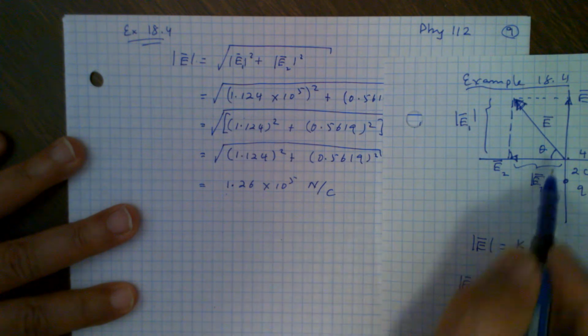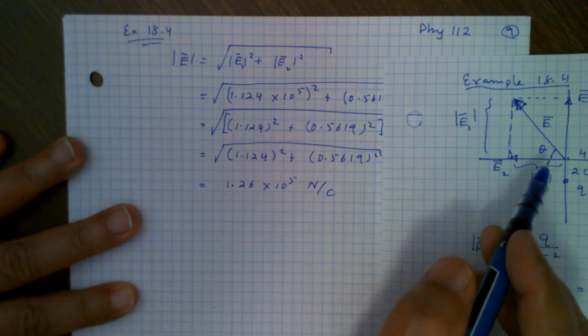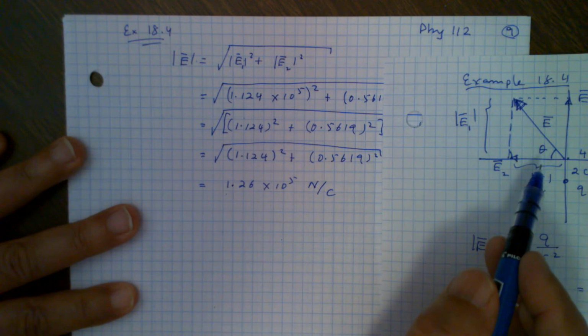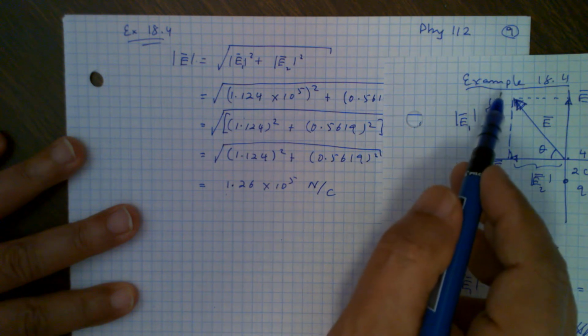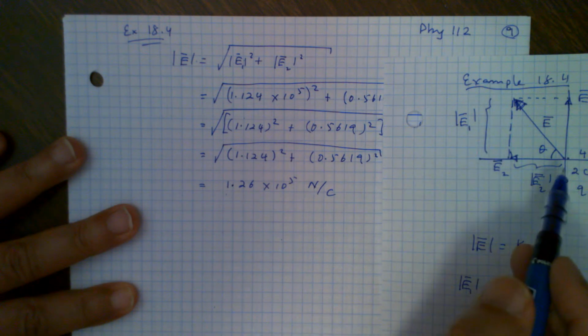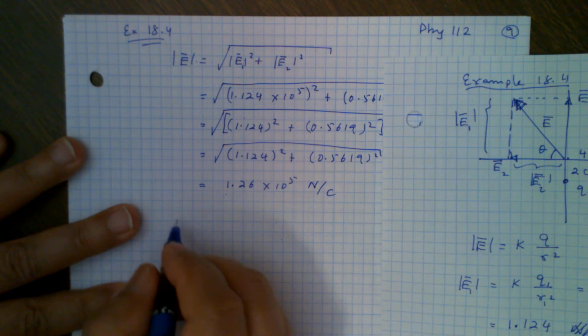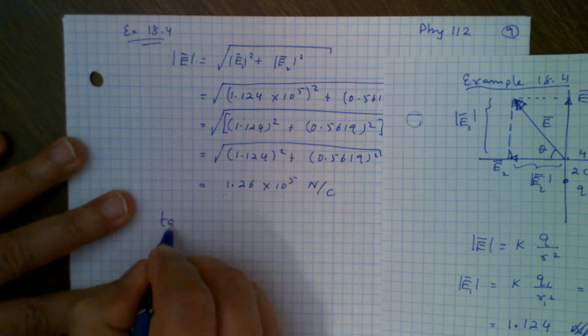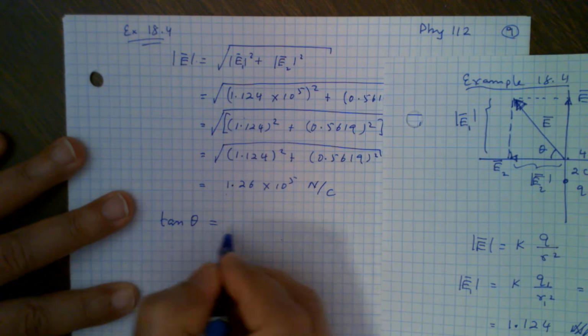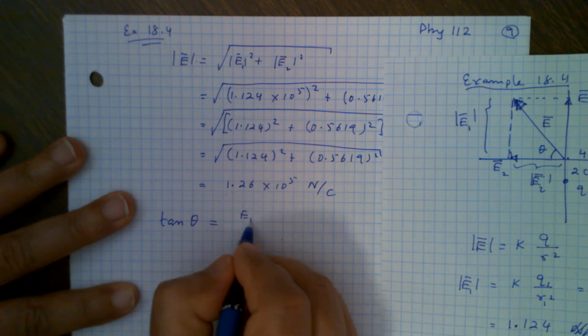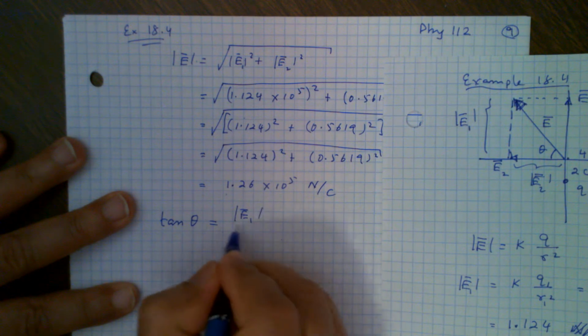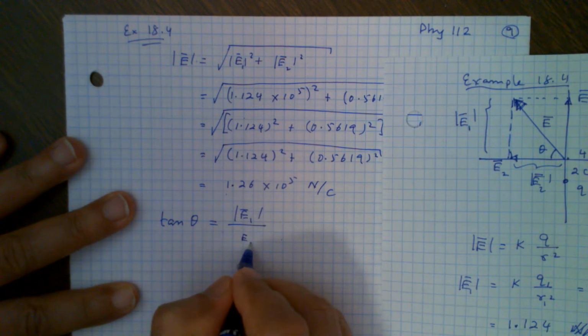Now we want to find this angle. So the tangent of this angle is the opposite side, which is E1, divided by the adjacent, which is E2, right? So then tangent theta is the magnitude of E1 divided by the magnitude of E2.